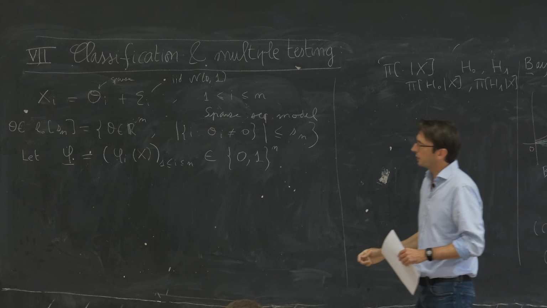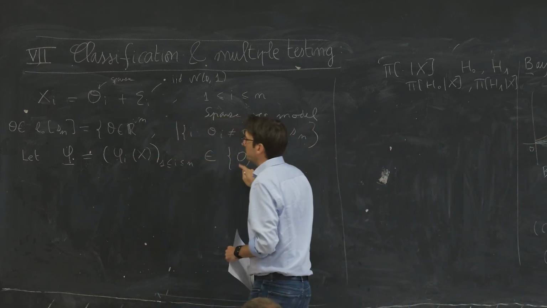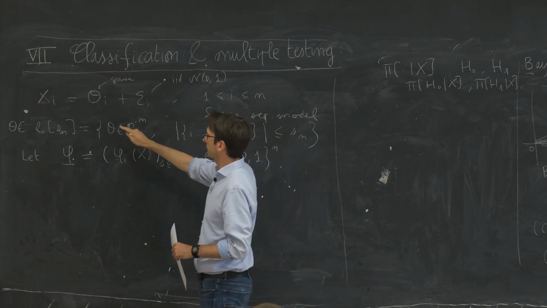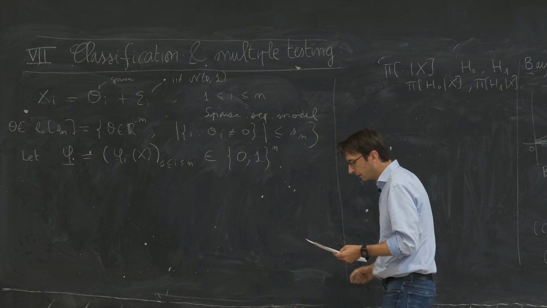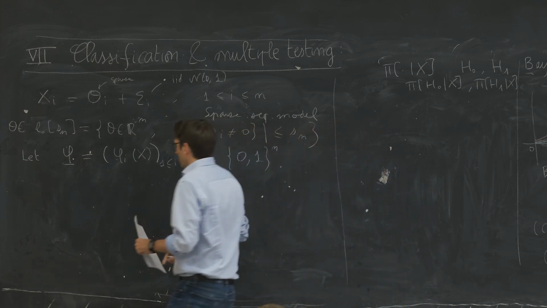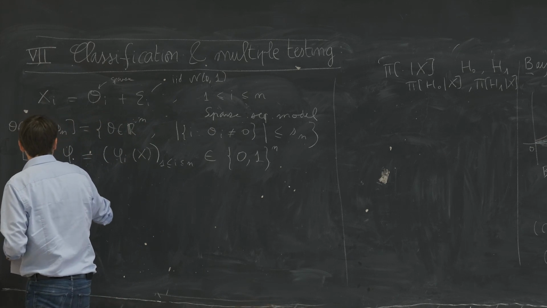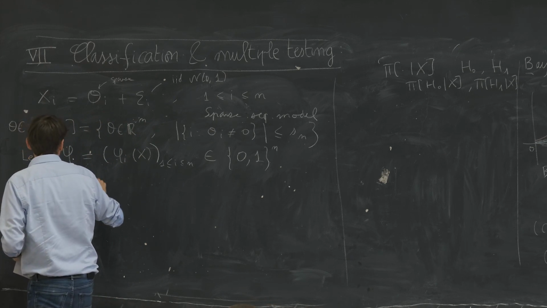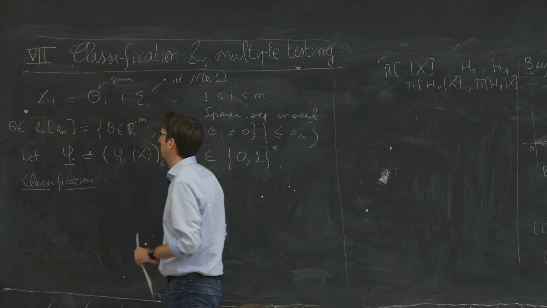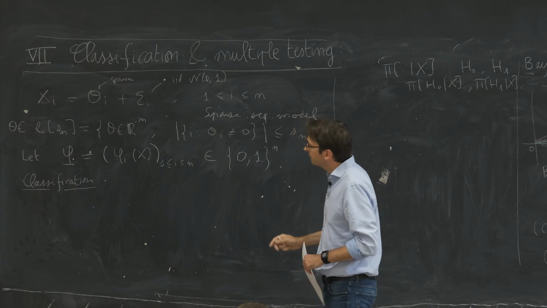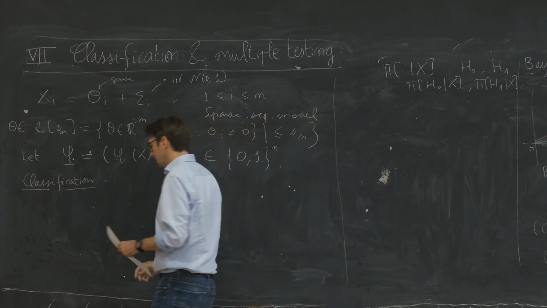For each coordinate, we are going to reply yes or no: 0 if we believe that it's drawn under the null, that the coordinate is 0, and 1 if we believe that there is signal on that coordinate. There are two problems, as seen from the title, classification and multiple testing, and it turns out they are, at least for this model, quite intimately linked.